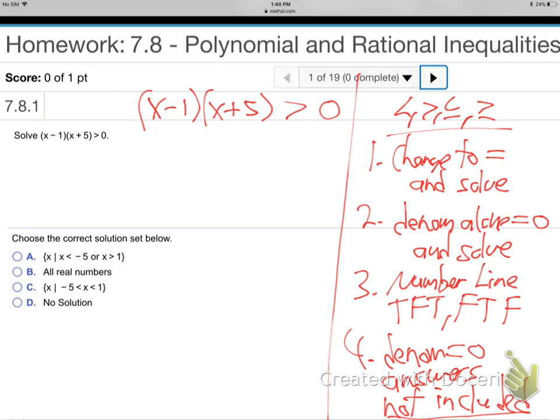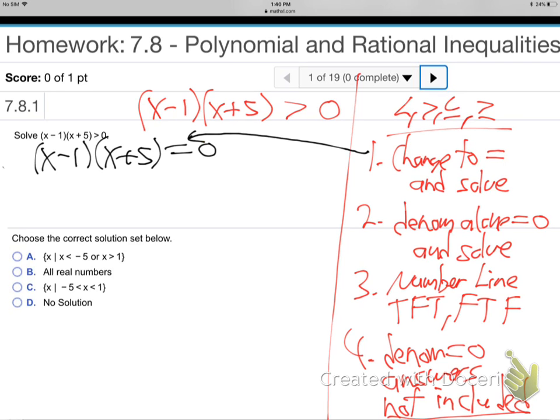All right, so step number 1, change to equals. Here, it's already written. Let me just do it over here. So I'm going to take this problem, which says greater than 0, and change it to equals.